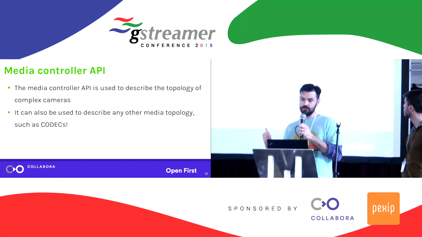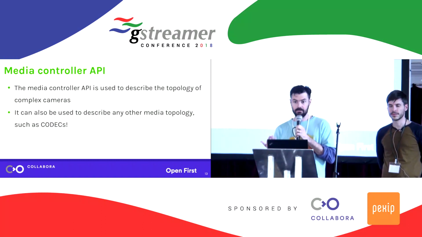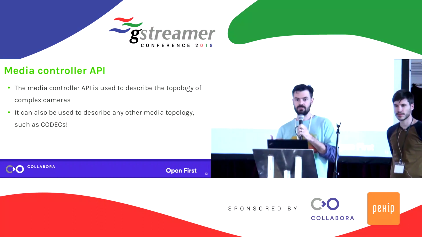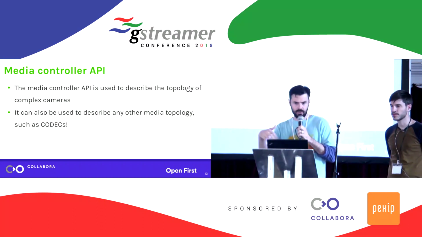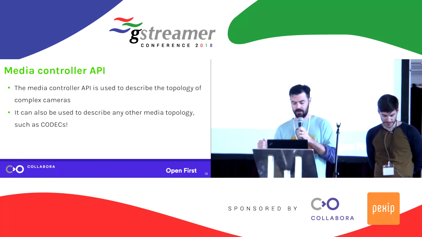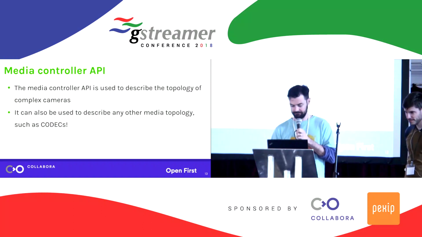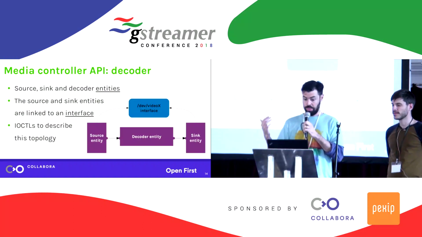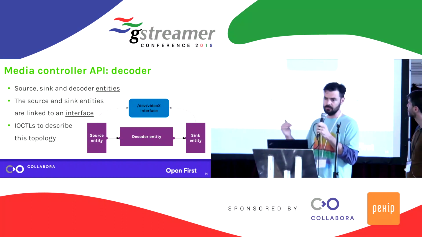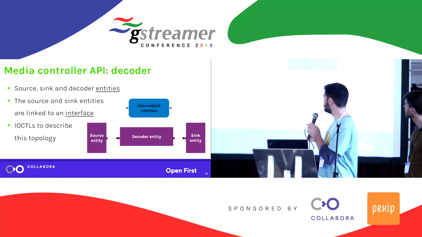But it can also be used to actually describe a codec, because since it allows you to tell what the topology looks like, we could also leverage this to different kinds of diagrams, of descriptions.